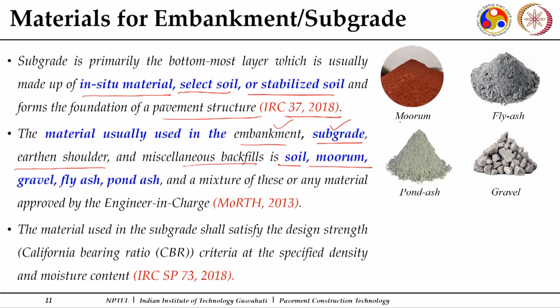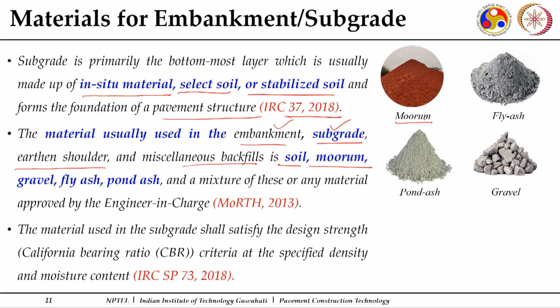Soil is a general term for inorganic and organic matter, air, and water, which comes from the decomposition of rocks, and from plant and animal decomposition. So soil forms out of these many components, and a specific type of soil is muram, which especially comes from the weathering of rocks, and which is granular and reddish brown in color. So this is what muram is.